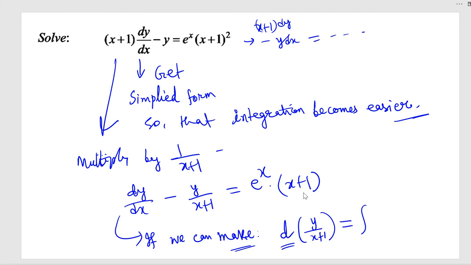Sometimes we use the derivative form. D of this equals the integration of e to the power x plus 1 into dx.